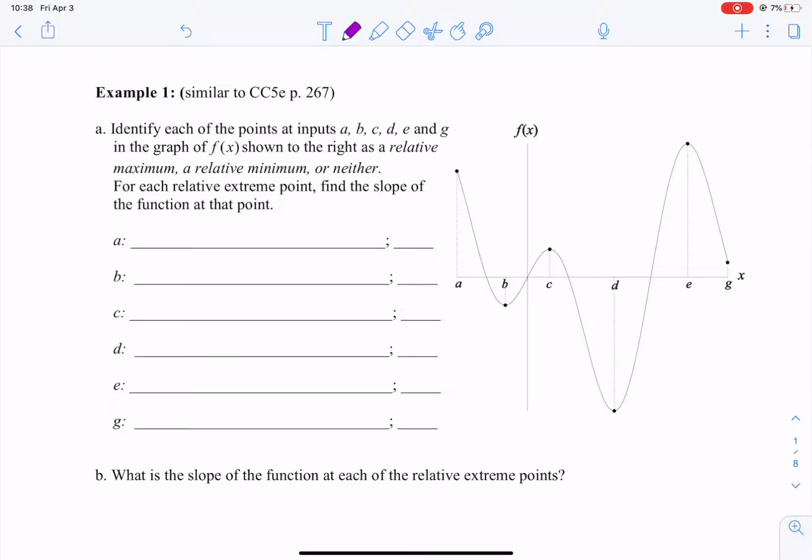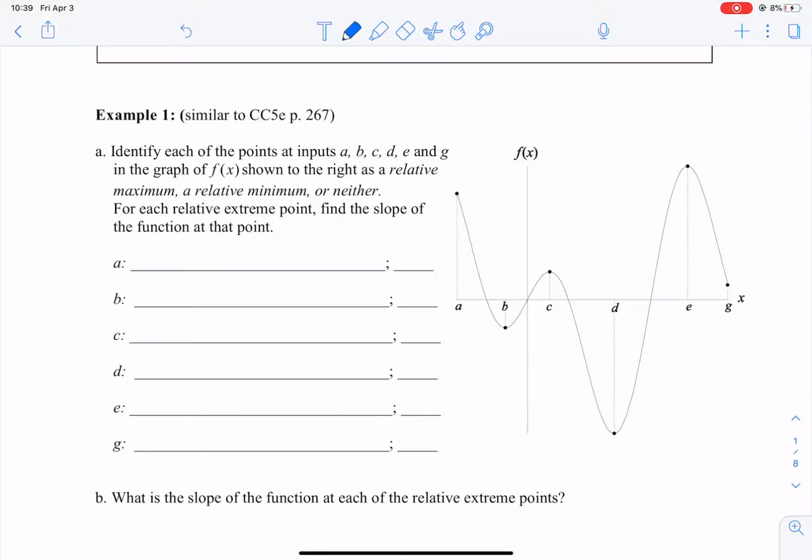So example 1, pause the video and do it by yourself. So for example 1, the first point, A. Let's check point A to see if it is a relative maximum or relative minimum by using the conditions.